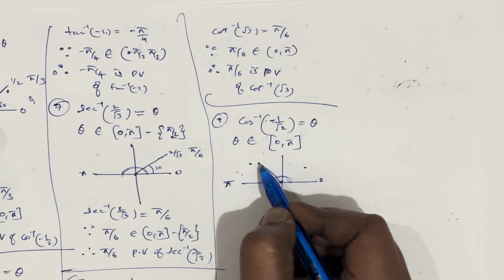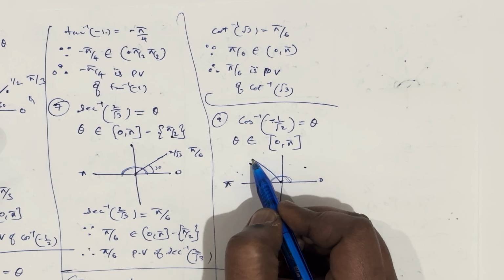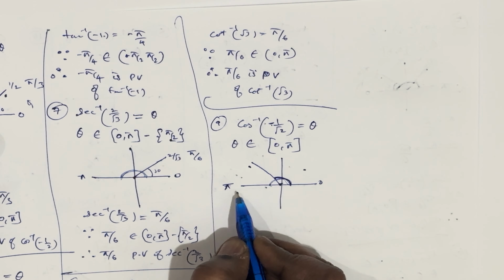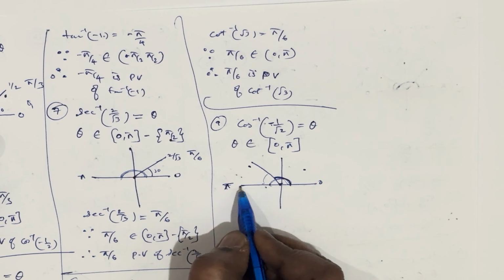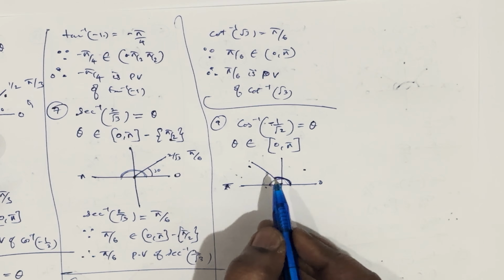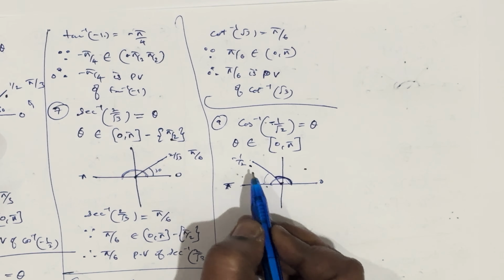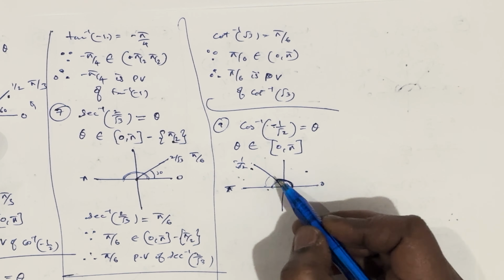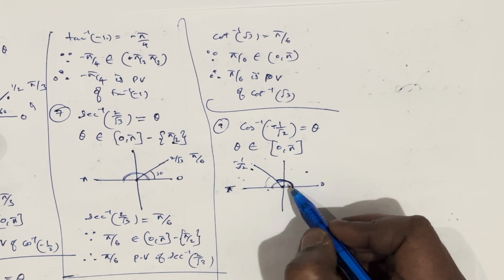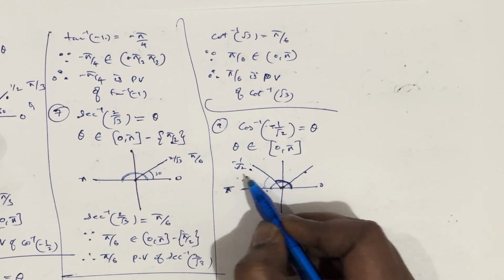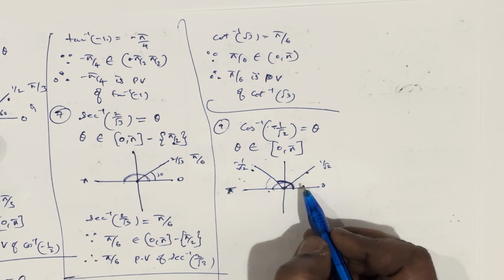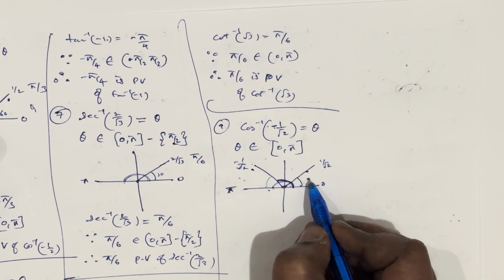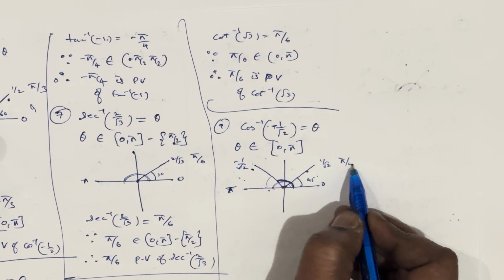Somewhere here. So we have to find this angle. If you subtract the reference angle from pi, you'll get this angle. So this is negative 1 by root 2. You know that cos also has a positive value of 1 by root 2, which is 45 degrees, that is pi by 4 in radians.